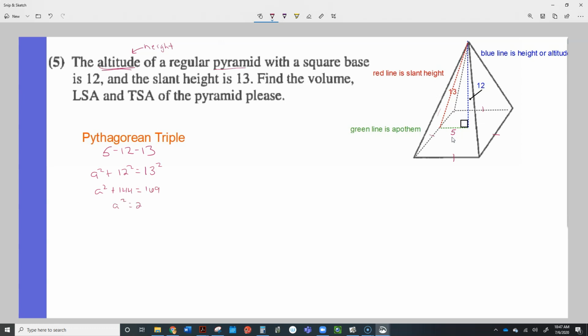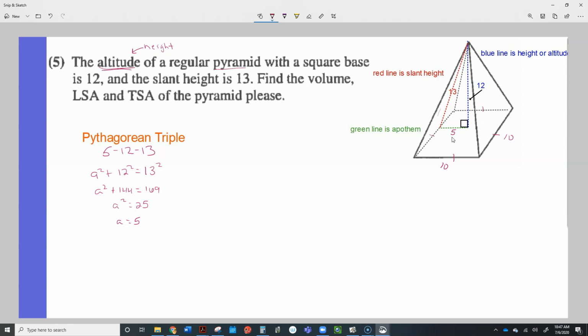You subtract that, you get 25, and then your apothem ends up being 5. But see how much time I saved just by recognizing that it's a 5, 12, 13. So this is 5, so that means all of these sides around this thing right here are 10.